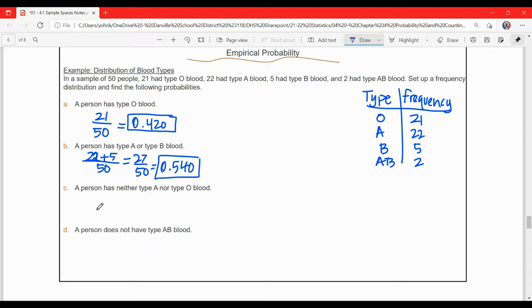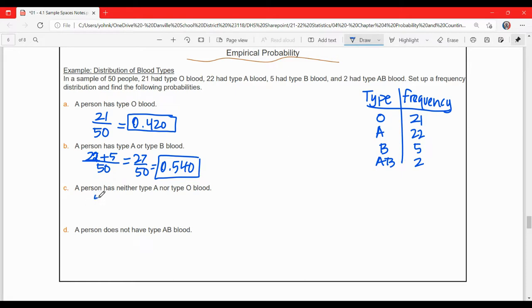If we look at the probability that the person has neither type A nor type O, then I can either add the type A and type O's and subtract from 1, or I can find the ones that aren't type A or type O, which means type B or type AB, and add those up.